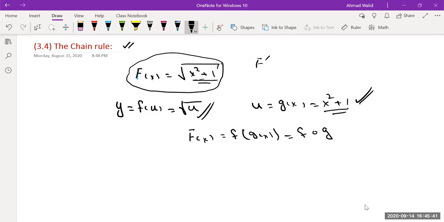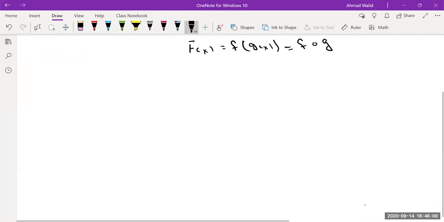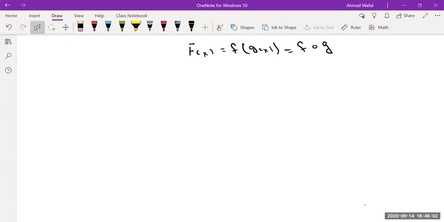Now, how to deal with these problems? First, I'll do an example to prove it, to show it to you. Then later, I'll give you a law or a rule easily in one sentence. You can find the derivative of any function that is in the form of a composite function.